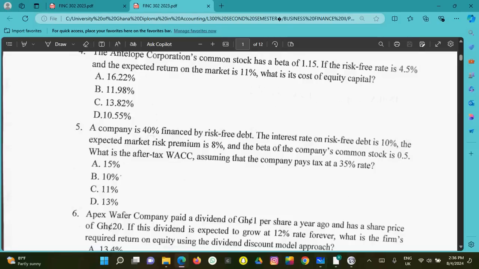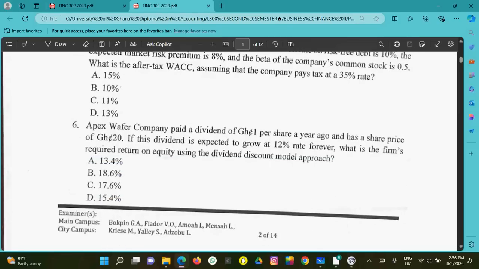Question 6. Apex Wafer Company paid a dividend of 1 cedi per share a year ago and has a price of 20 cedis. If this dividend is expected to grow at 12% forever, what is the firm's required rate on equity using the dividend approach?